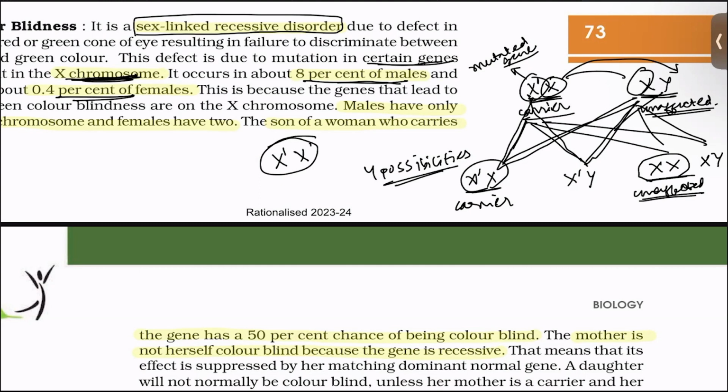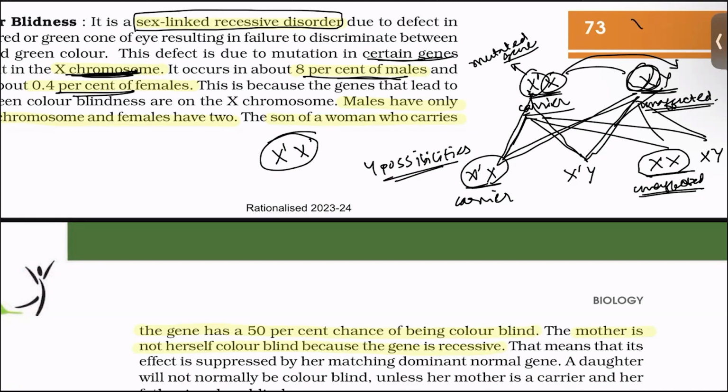So for a female to be colorblind, we need the father to be colorblind as well, because the father should have X dash. If the father has a normal X chromosome, the female child will always have a normal X chromosome and she will never develop color blindness.